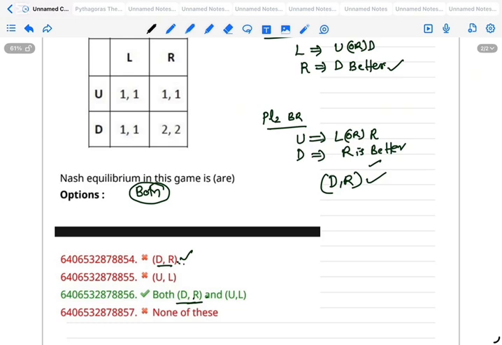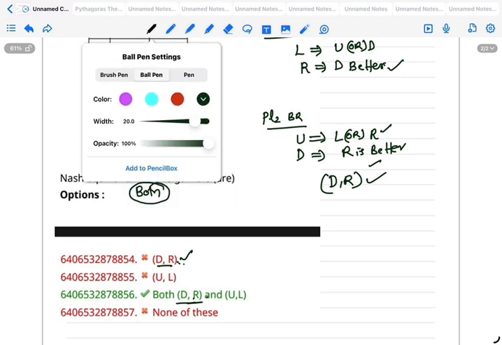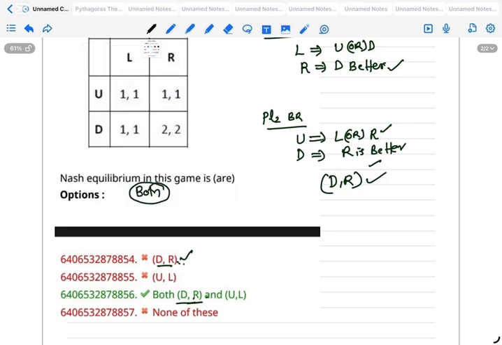U or L is also better. D and R is one pair we already chose: R is better, so D is better. So D comma R is one pair.